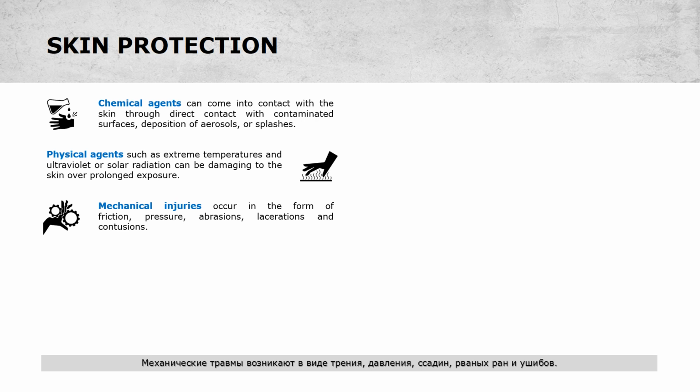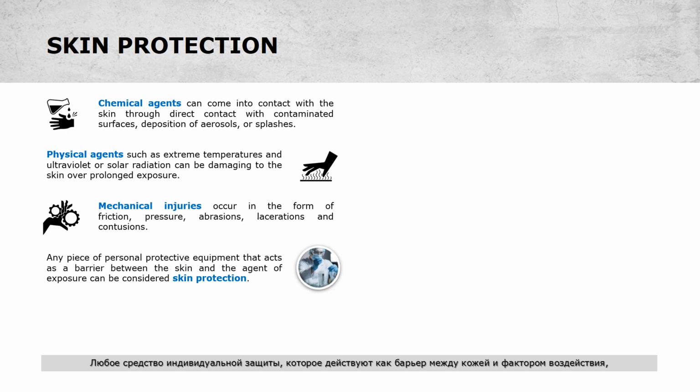Mechanical injuries occur in the form of friction, pressure, abrasions, lacerations and contusions. Any piece of personal protective equipment that acts as a barrier between the skin and the agent of exposure can be considered skin protection.